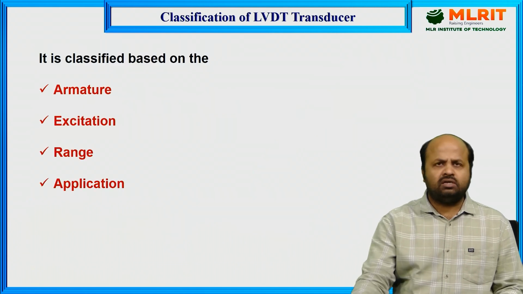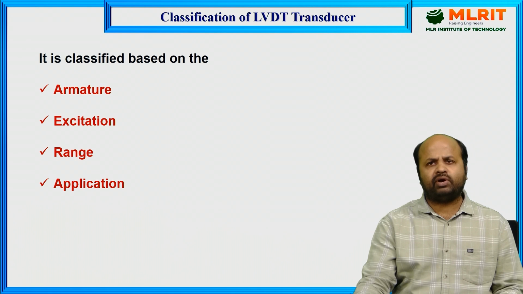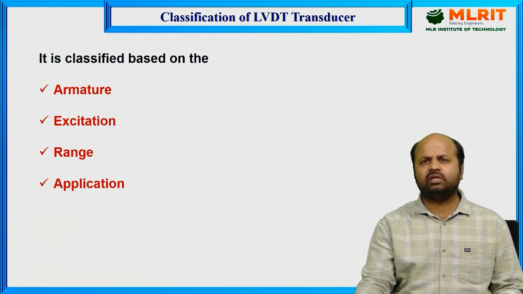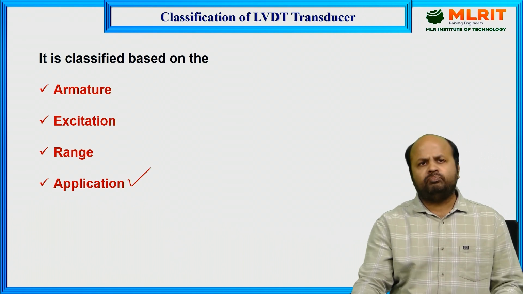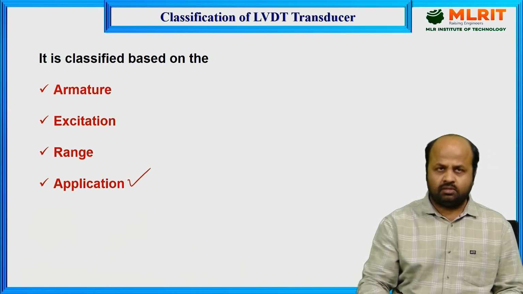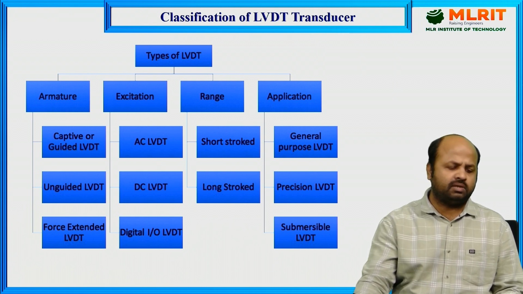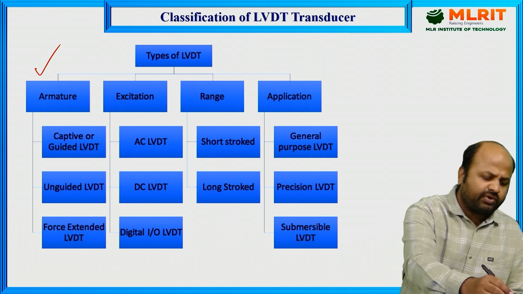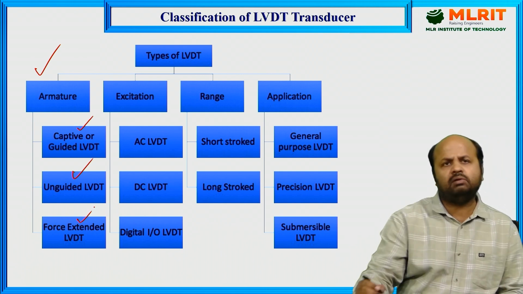So here are the different types of LVDT. LVDT has been classified as armature based, excitation based, by its working range, and finally by various applications. Based on armature, it has been classified as guided LVDT, unguided, and force extended LVDT.